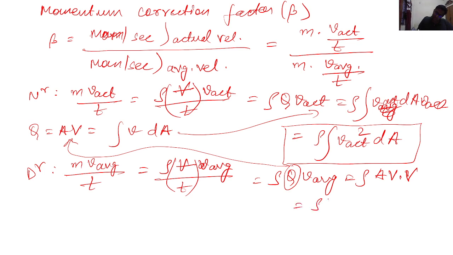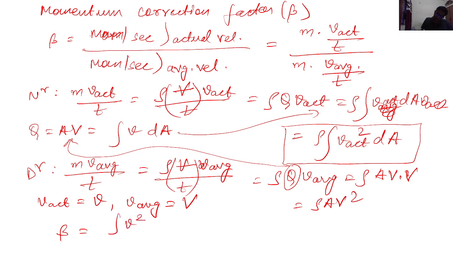So this would be equal to rho A V square. Now we know the terms. If we write V actual equal to small v and V average equal to capital V, then dividing the numerator by the denominator, we get the momentum correction factor as integral v square dA by V square A. So this is the momentum correction factor.